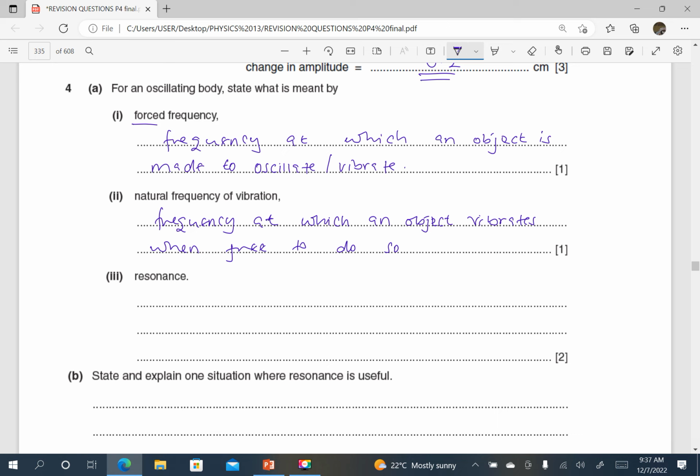So resonance occurs when the natural frequency of vibration is equal to the forced frequency.